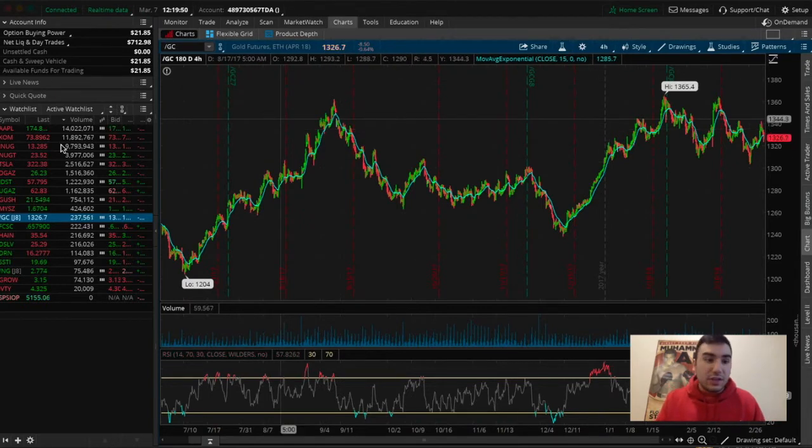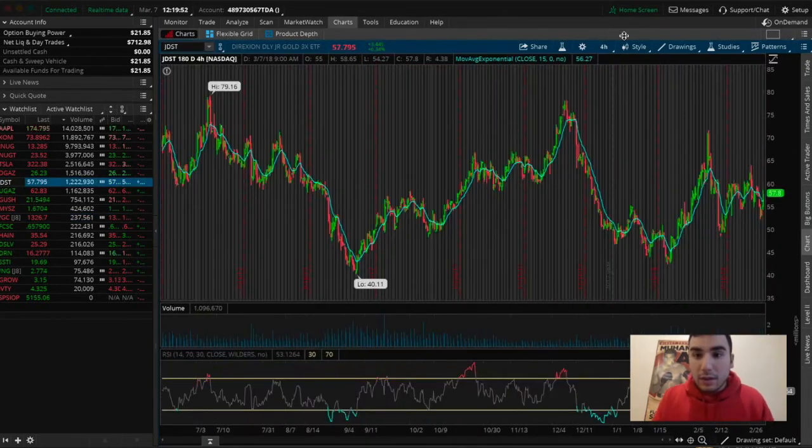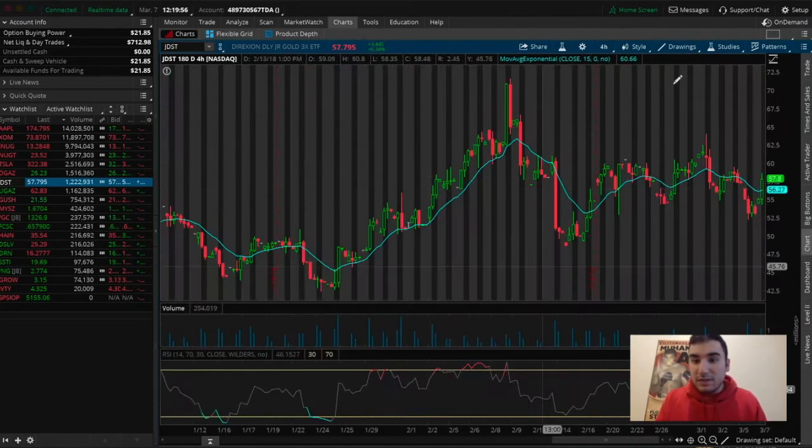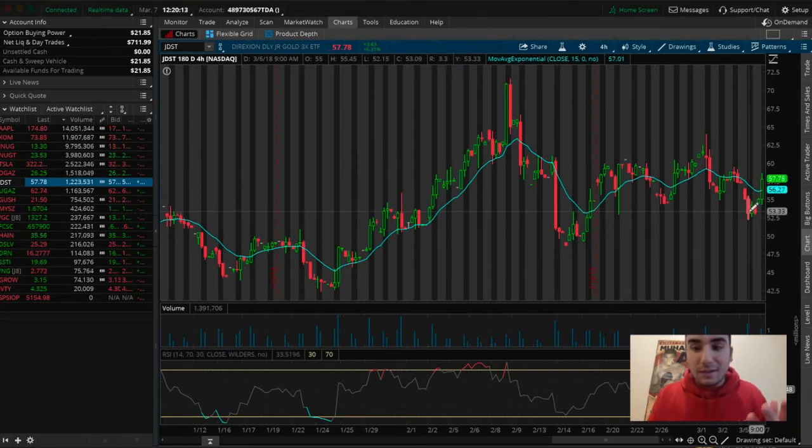So if we go back to JDST and look at the 180-day chart, and zoom into the past couple of weeks, we see a familiar pattern. It spiked up to $55 or $60 rather, went back down to $54, back up to $60, right back down to $54. This is the potential that I saw with this investment.